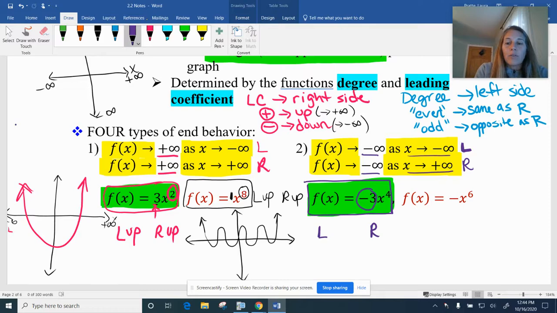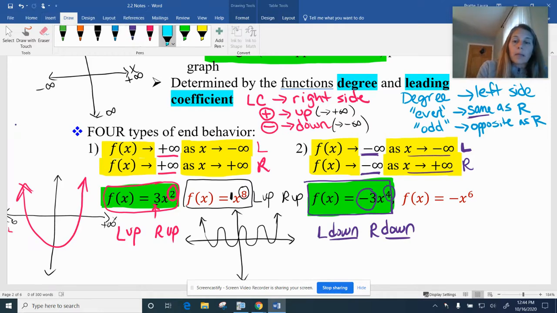Since it's a negative, the right side is going to go down. My exponent, however, is even, which means it's going to do the same as the right, so it's also going to go down. And that's why these two infinities in here are both negative infinities. All right, so let's try this example here now.